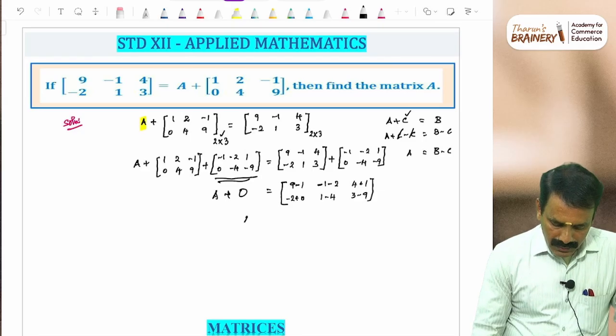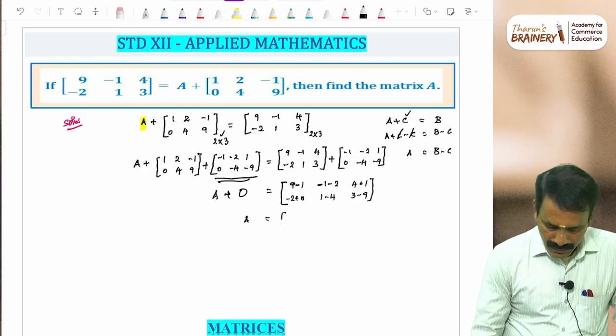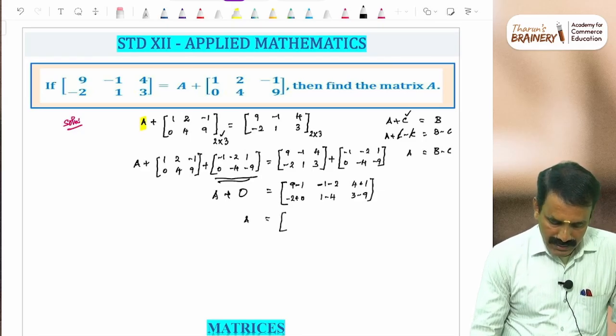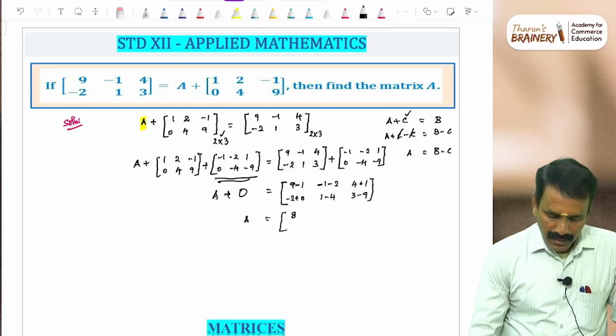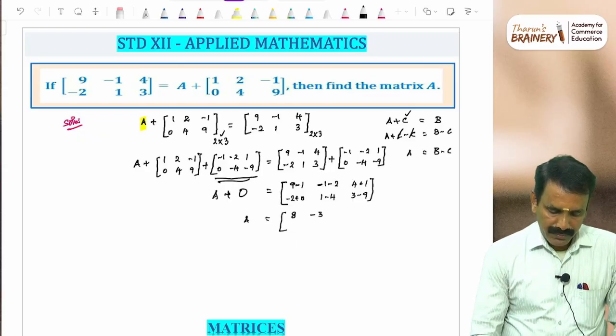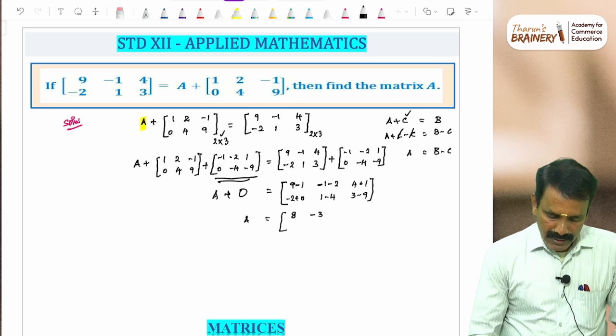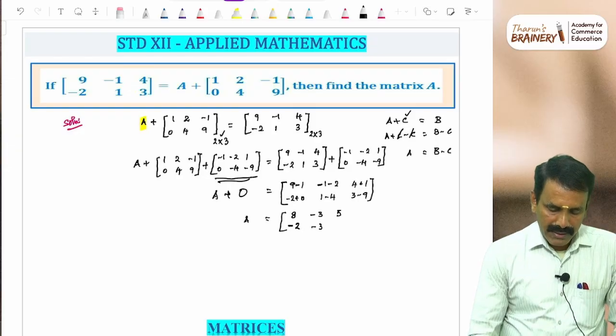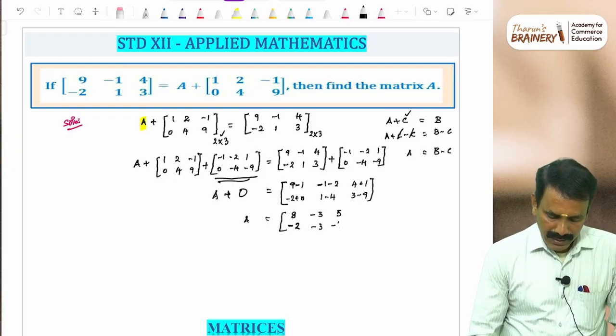So, A is equal to 9 minus 1 is 8, minus 1 minus 2 is minus 3, 4 plus 1 is 5, minus 2 plus 0 is minus 2, 1 minus 4 is minus 3, 3 minus 9 is minus 6.